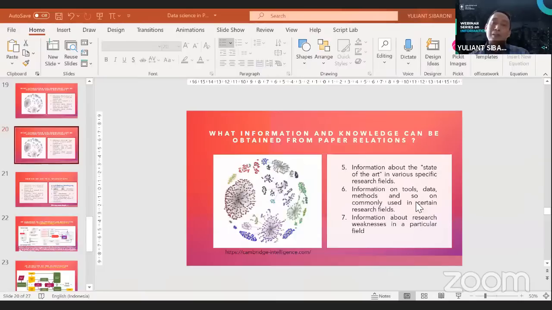We have to manually make class labeling, whether there is a weak sentence in this paper or not. We have to make class labeling like that. It needs more time to finish that.